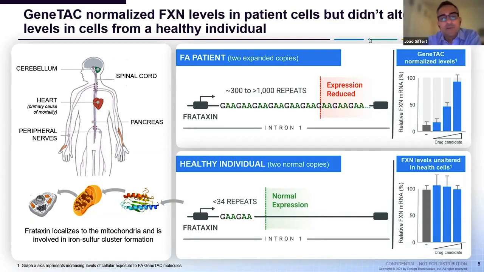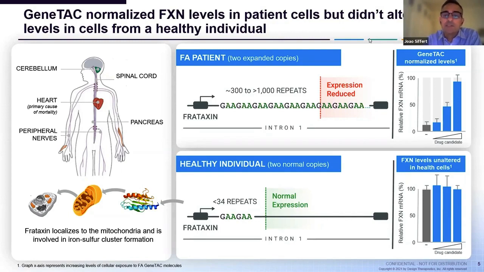So there are various levels of the way the GeneTACs work that confer very good specificity to the GAA repeat. First, because GAA repeats elsewhere in the genome usually are not associated with initiation of transcription, certainly not for other genes. And if there is no mutation, the transcription is not blocked.